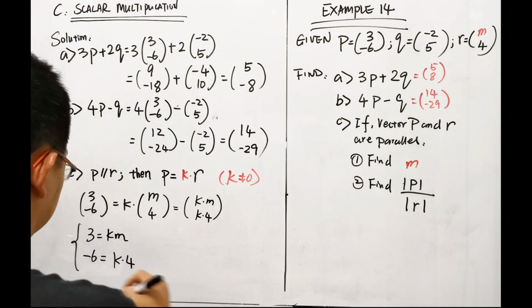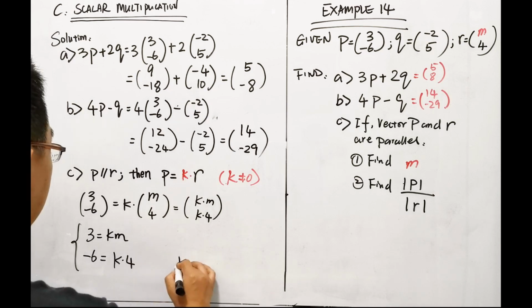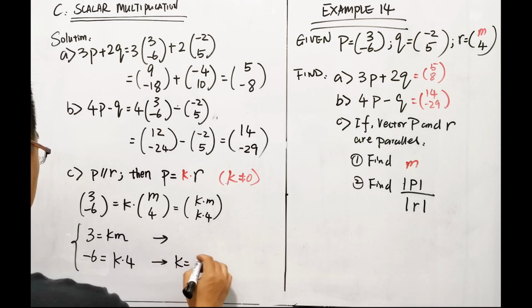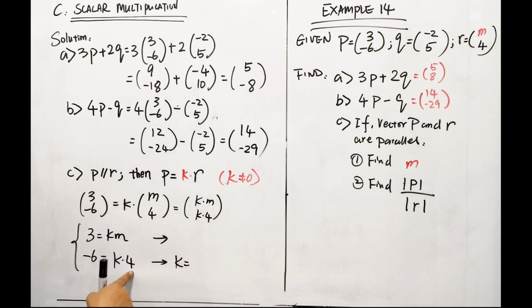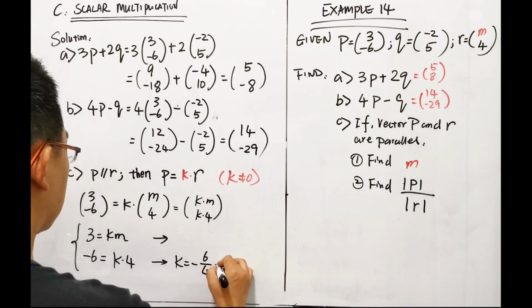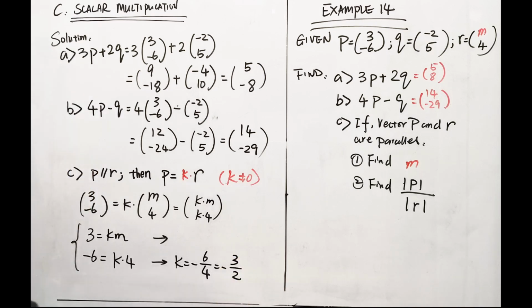From the second equation we can get K. K equals minus 6 over 4. Cancel the 2 from each, and it becomes minus 3 over 2, right? So this is the K.